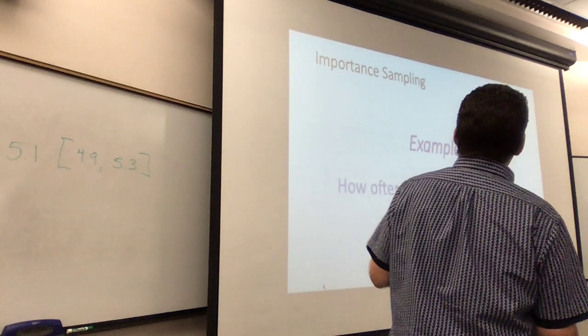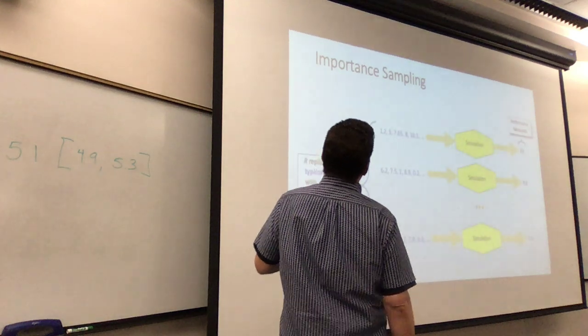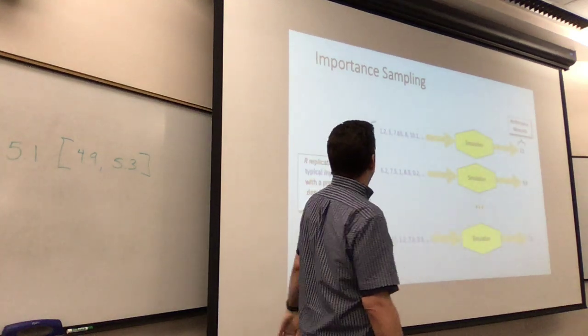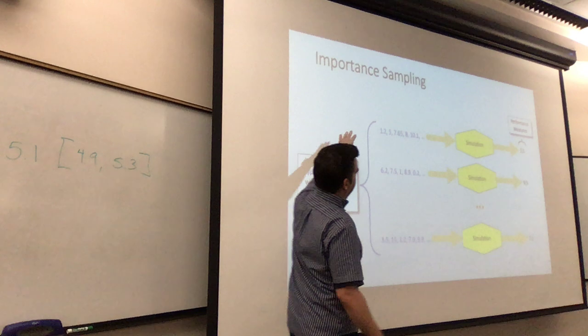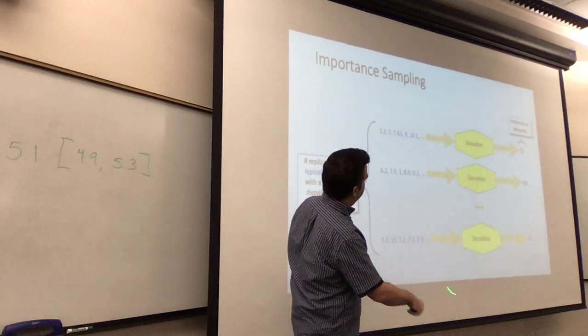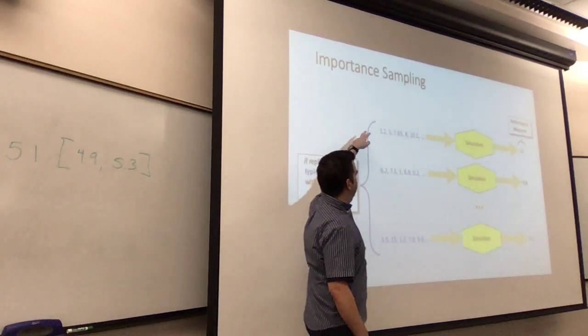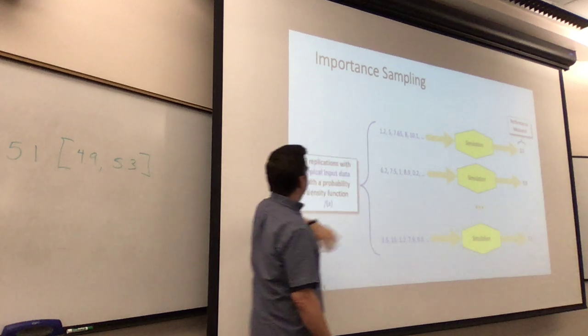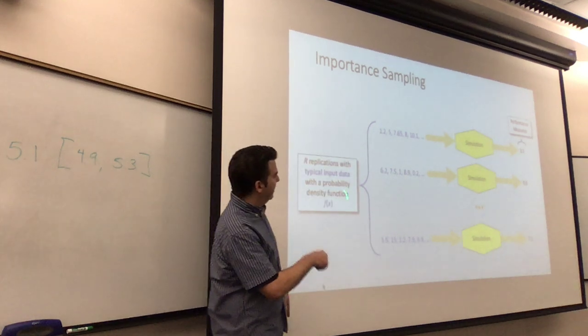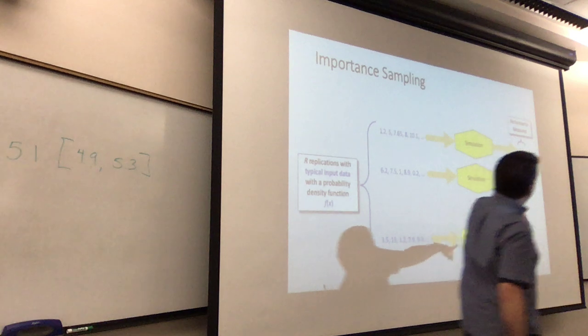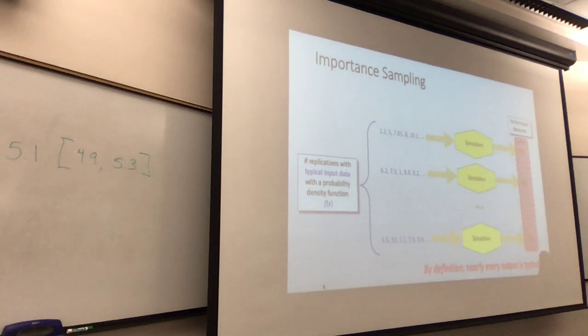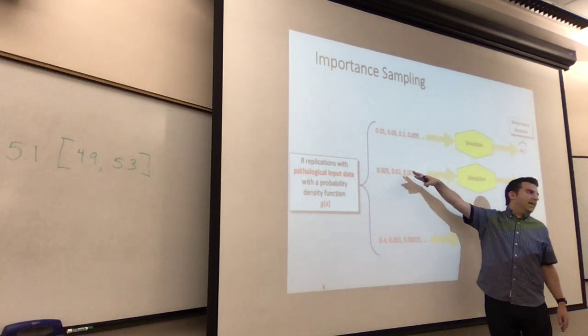To see that more concretely, going back to this graphical view, I can run R different replications of one simulation model, and they all have these different inputs, typical inputs from a typical probability density function, and they have typical outputs over here. These don't include any of my catastrophic outputs. So what if I put in pathological input data?